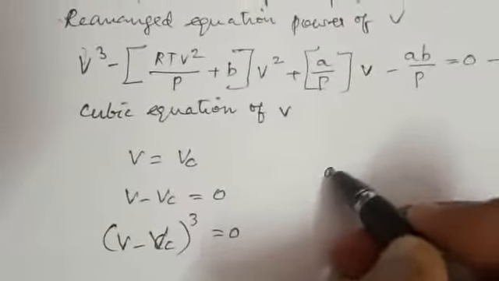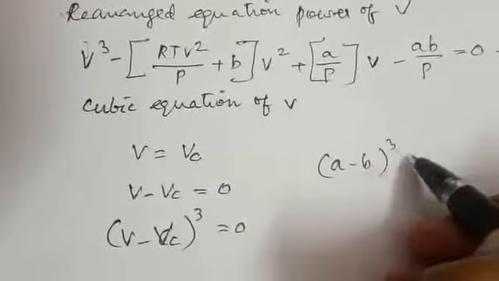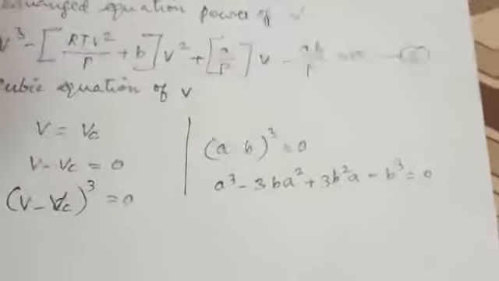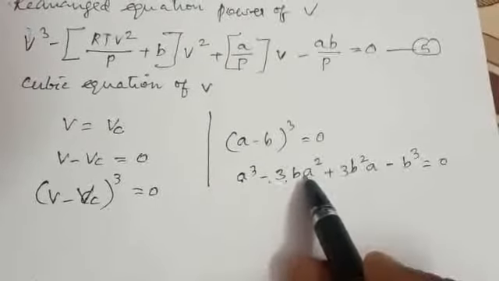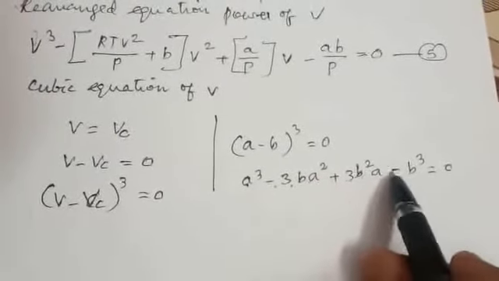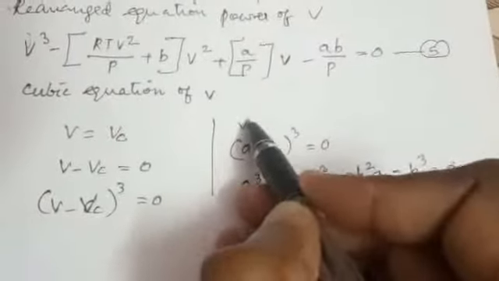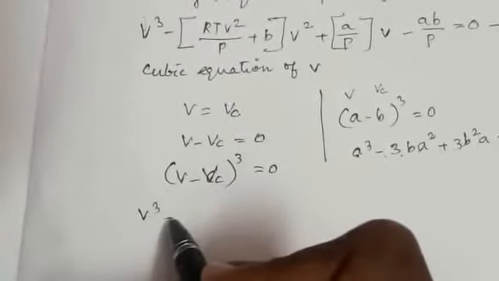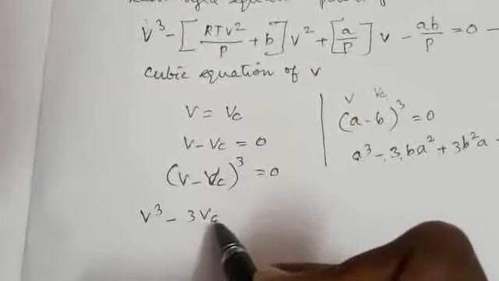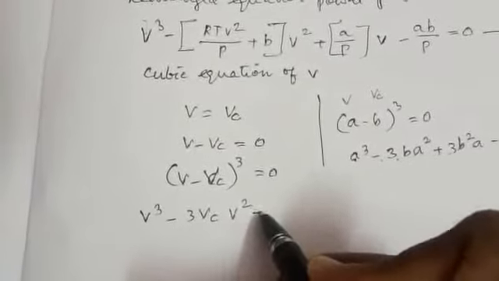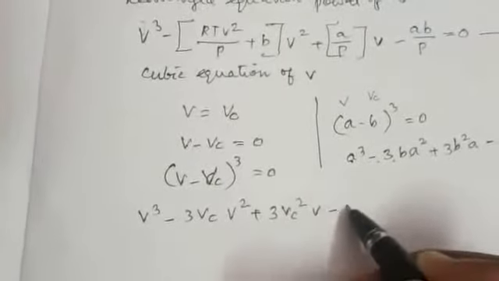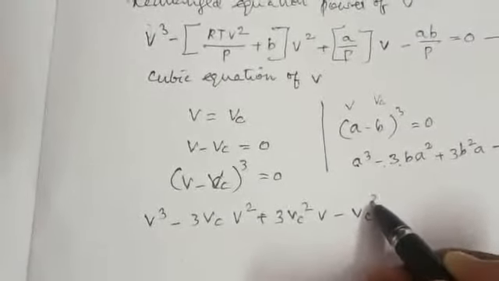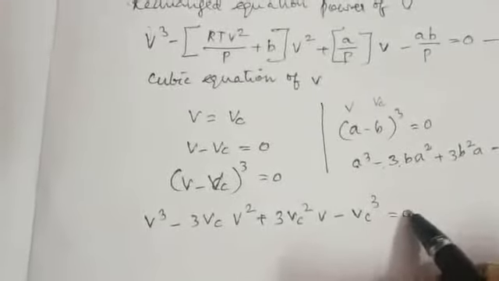That means A minus B cube equal to 0. A minus B cube expand means A cube minus 3BA squared plus 3B squared A minus B cube. That A come V, B come Vc. You apply the formula. That means V cube minus 3 Vc V squared plus 3 Vc squared V minus Vc cube equal to 0.